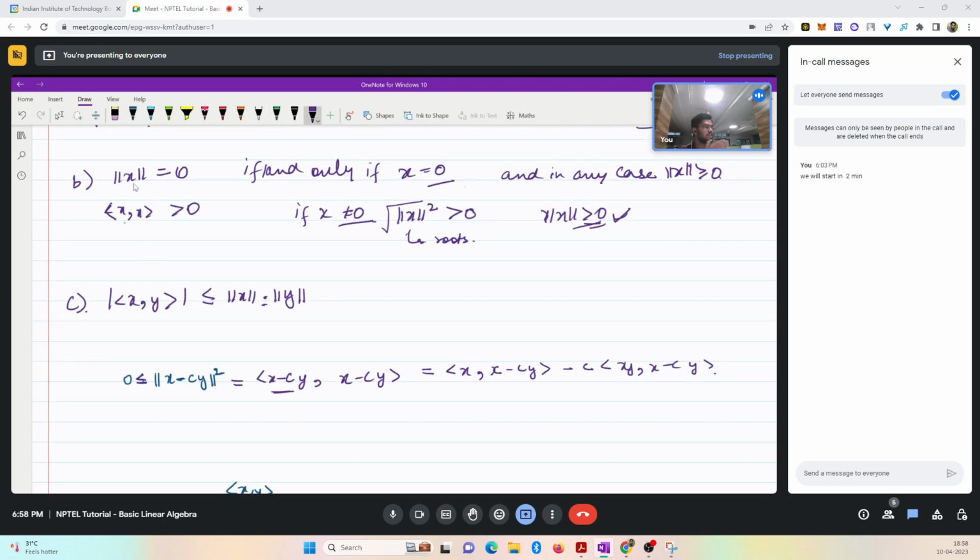Now we'll try to break the second one also. Then this thing is equal to <x, x> minus c conjugate, because c is coming out from the right side of the inner product, <x, y>, and this one you will get, this is y, minus c times <y, x>.